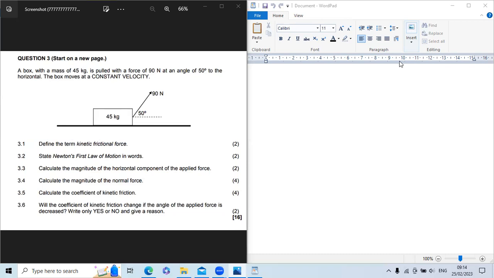Can anyone state Newton's second law of motion? I just wanna know if you understand what we're doing. Kyle, can you try to state Newton's second law of motion?